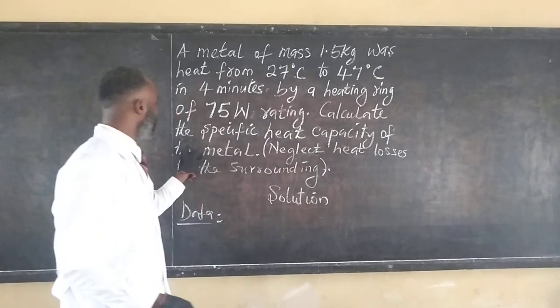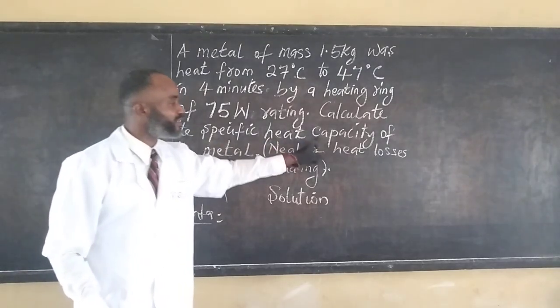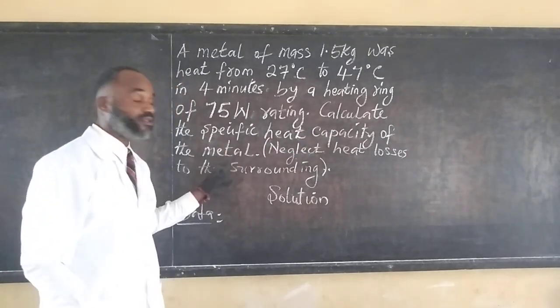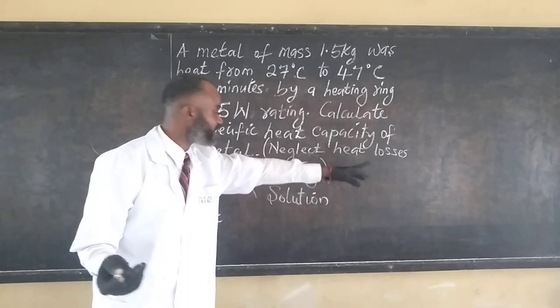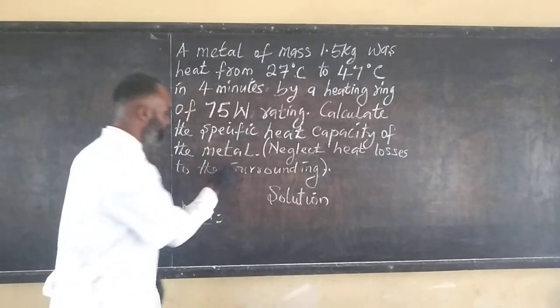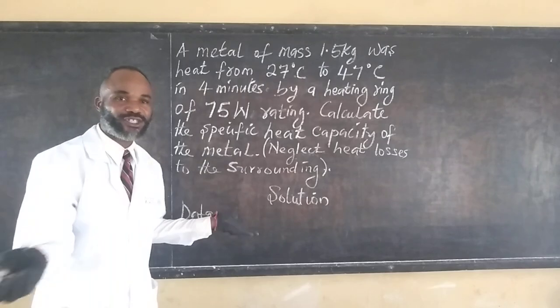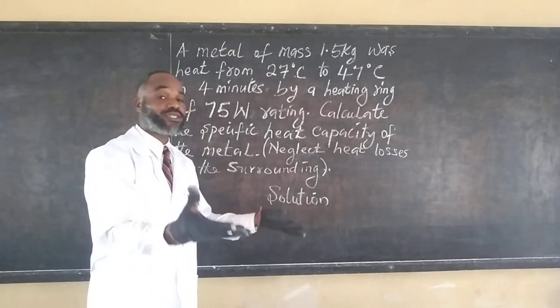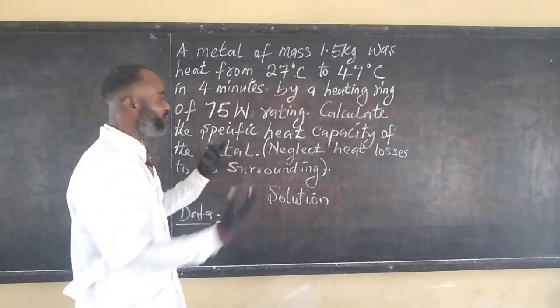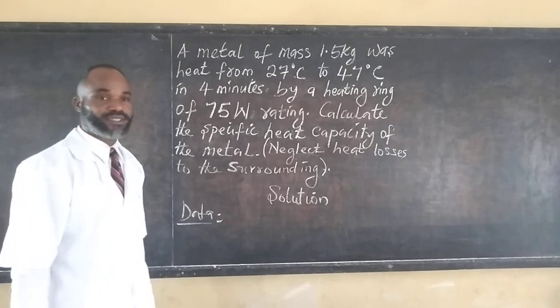Calculate the specific heat capacity of the metal. Neglect heat losses to the surrounding. That means don't consider heat losses to the surrounding. Just solve and find the specific heat capacity.